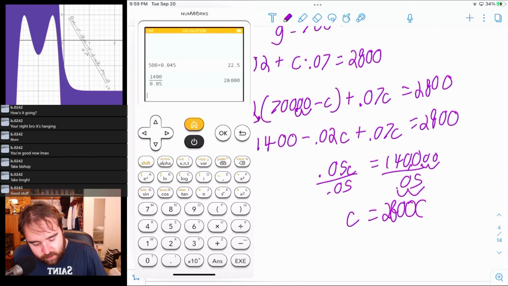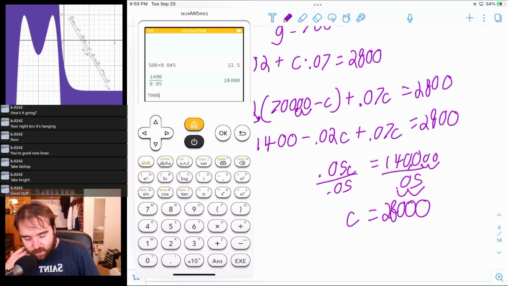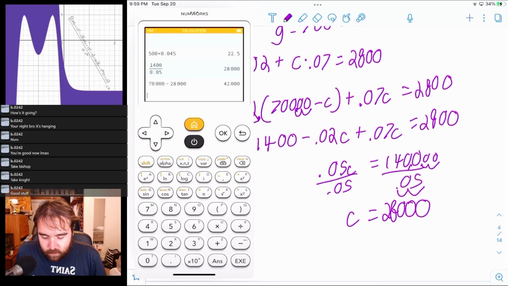Oh, okay. Well, that sort of makes sense. So she's going to do 28,000 in corporate bonds, which means what is she going to do in the other one? 70,000 minus 28,000, because 70,000 was her total. So that's 42,000 in government bonds.